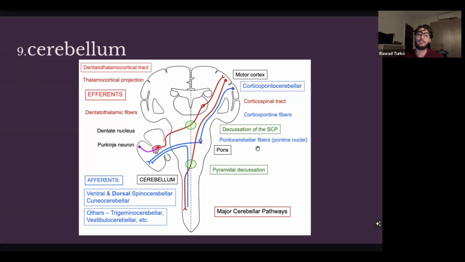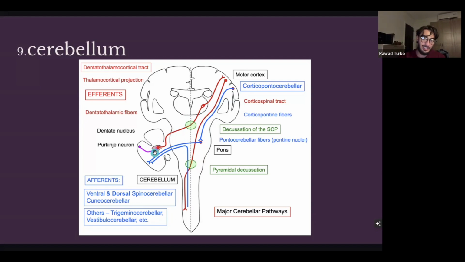One thing that's very important, this is the main idea that I want you to know, because again, all of this is pretty complicated anatomy, but if you understand the main topic, then inshallah you'll be good. All of these tracts that are going to be coming from the dentate nucleus and going to the cerebral cortex through the thalamus, so the dentatothalamic fibers, they're going to be decussating. And what did we say before about decussation? If it decussates, then it's on the contralateral side, right?